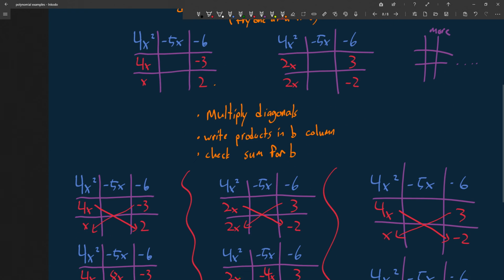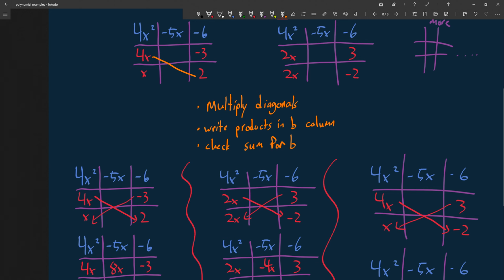What you're actually going to do is, you've picked here 1 and 4, and over here negative 3 and 2. We got these numbers from our factoring of a and c. You're going to multiply on the diagonal. When you multiply on the diagonal, you're going to write your product into here. And when you multiply these guys, you're going to write your product into here. At the end, you're going to take the sum of those guys and see if it equals your b term.